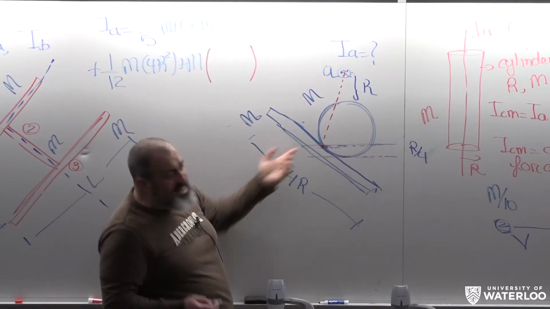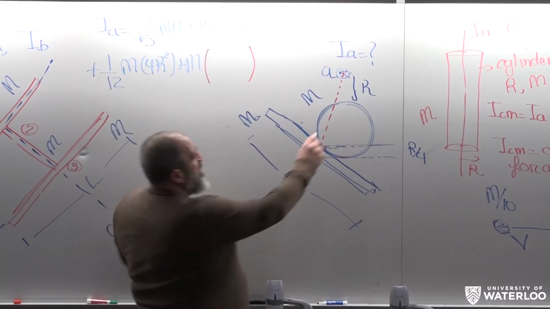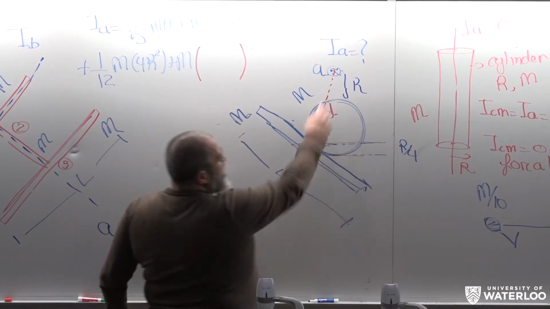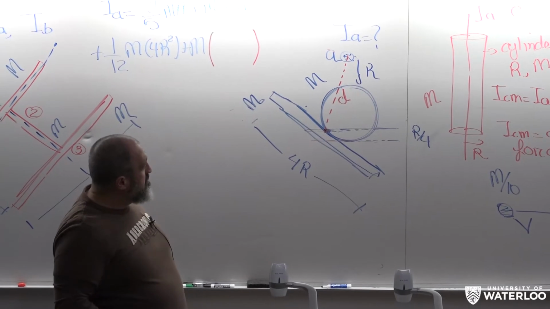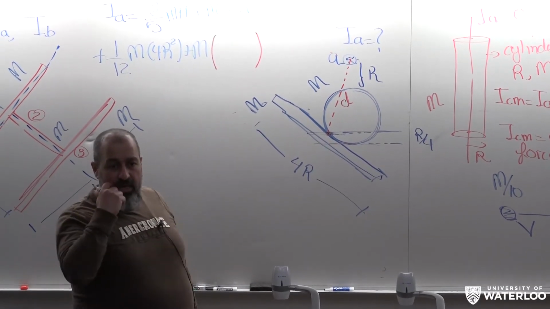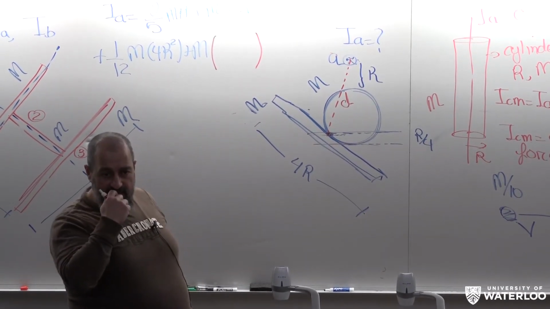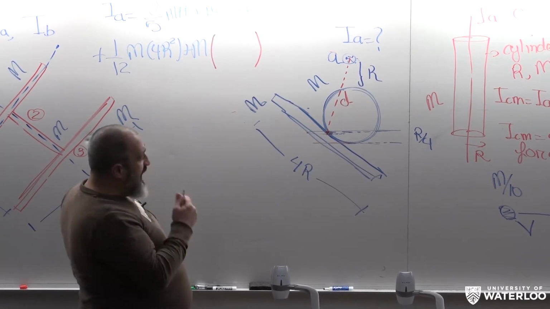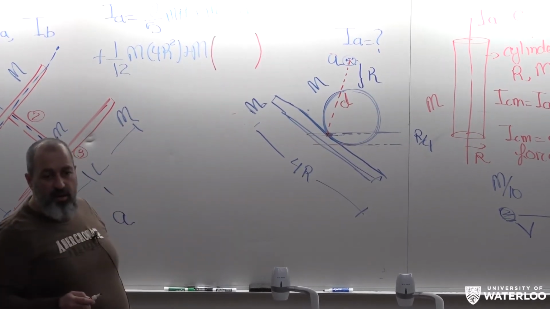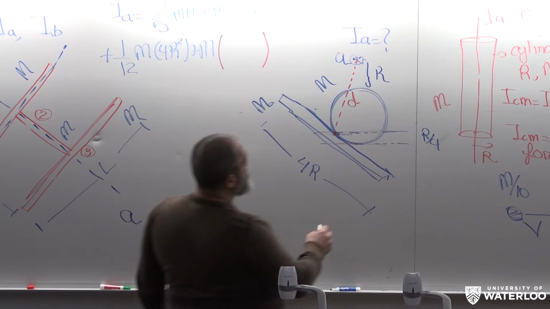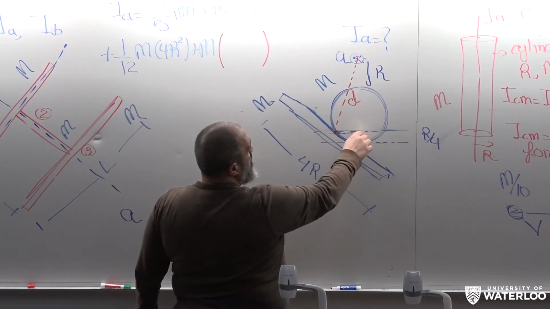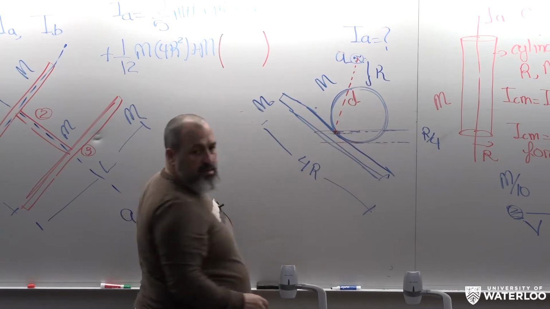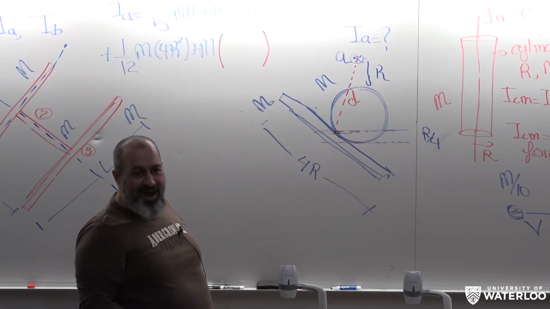If we have D, we're done because that's just this. This is D. Could somebody find D for us? How do you find D? Well, that one here, and then you need that one.